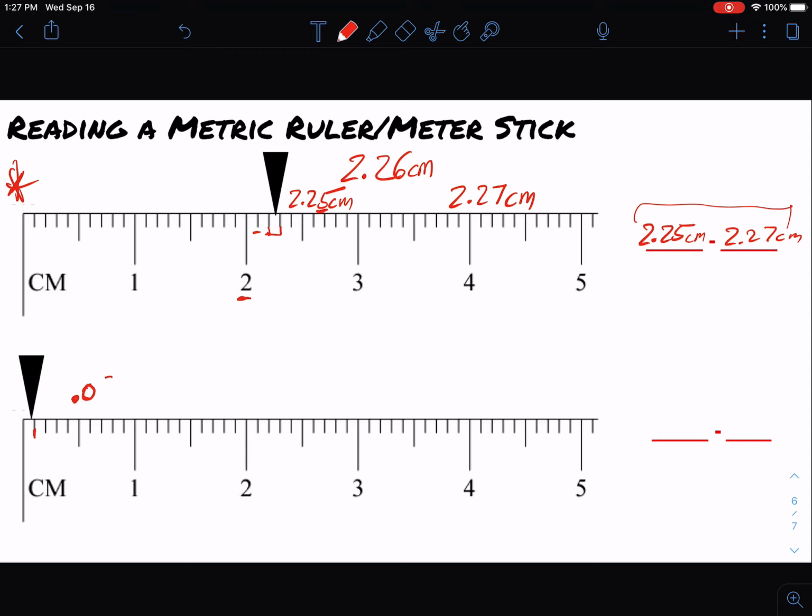So I would personally say 0.08 centimeters. Some people might say it's a little farther towards the 0, so 0.07 centimeters. Someone might say it's really close, so it's going to be 0.09 centimeters. Again, any of those numbers would be correct. So I would say the range is 0.07 centimeters to 0.09 centimeters.